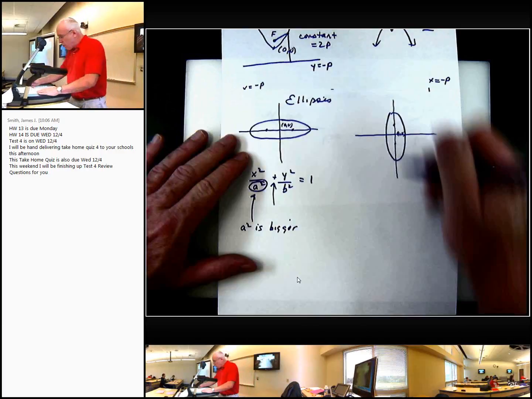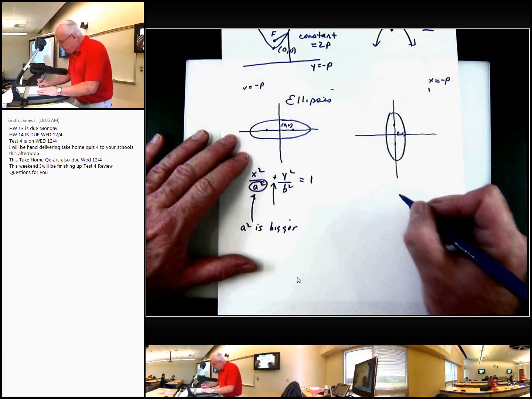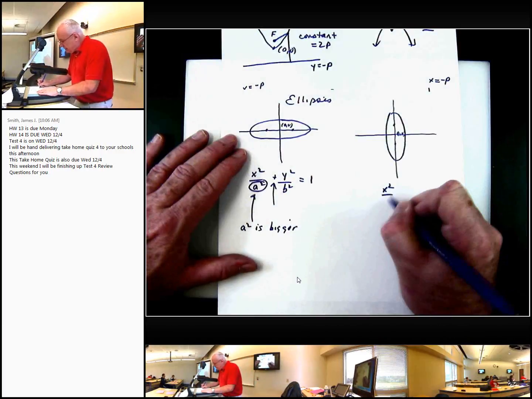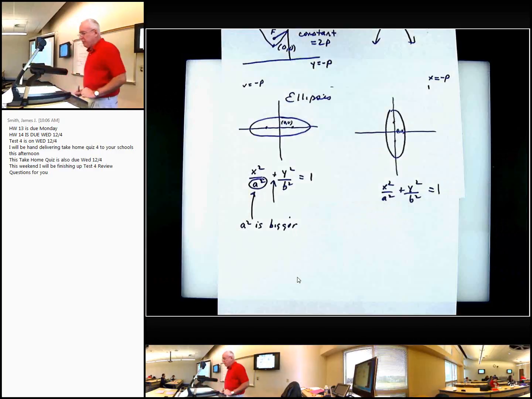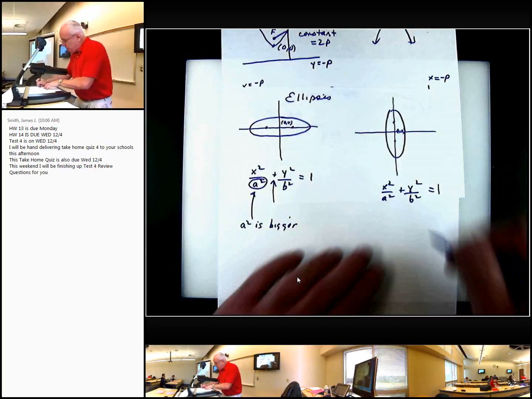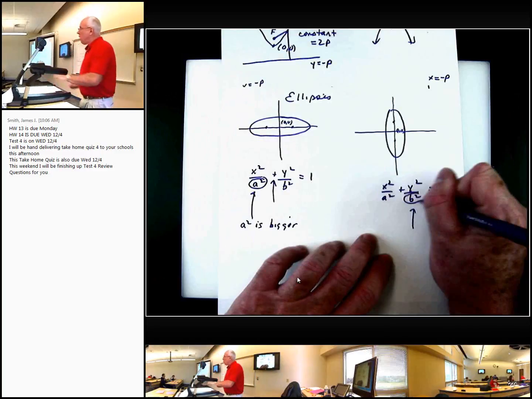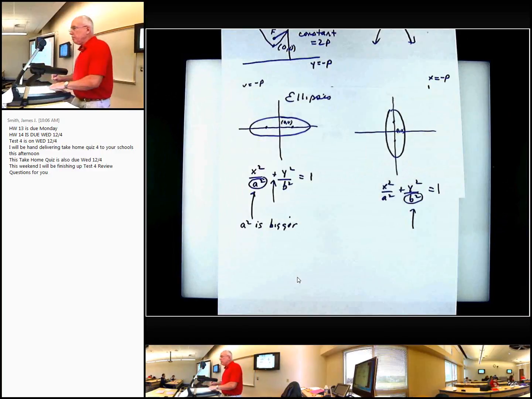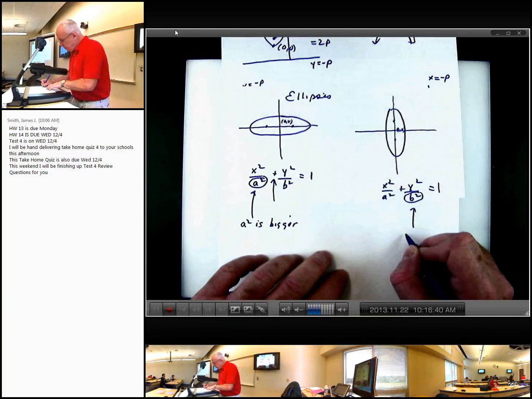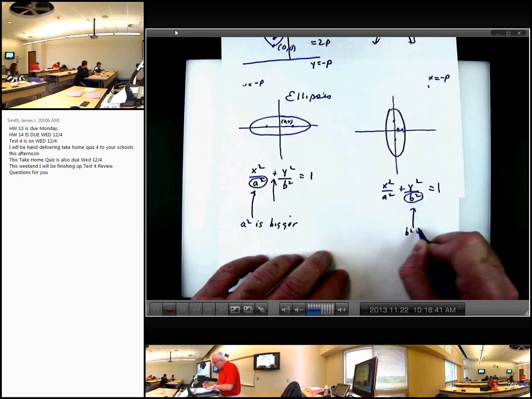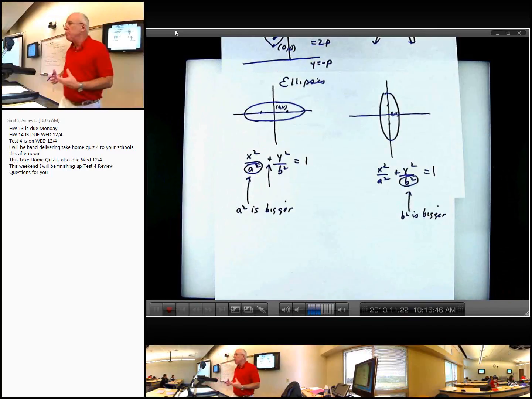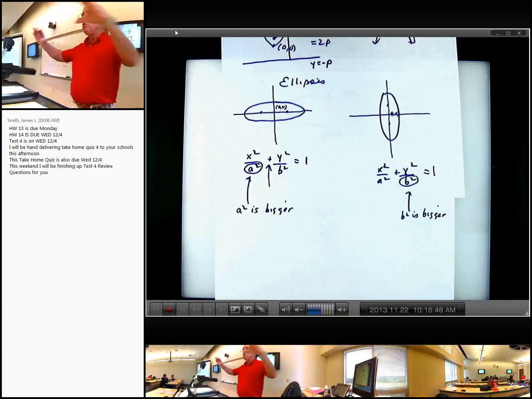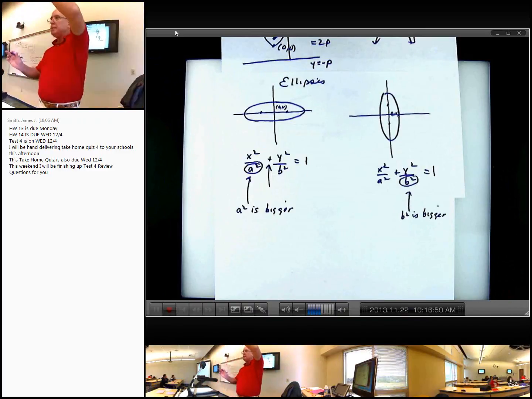If it is going up and down, we can still have the same type of equation for the ellipse, but the number under the y squared will be the bigger number. So you don't have to worry so much about a and b. It's just the bigger number that will tell you whether it's oriented horizontally or up and down. Okay?